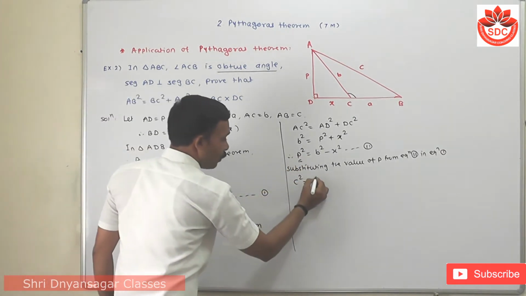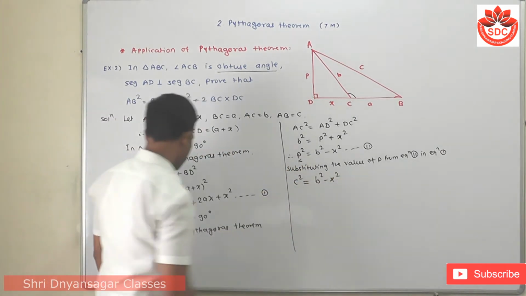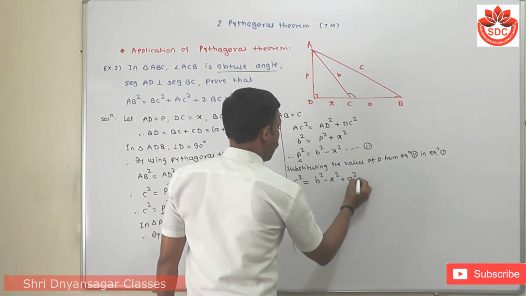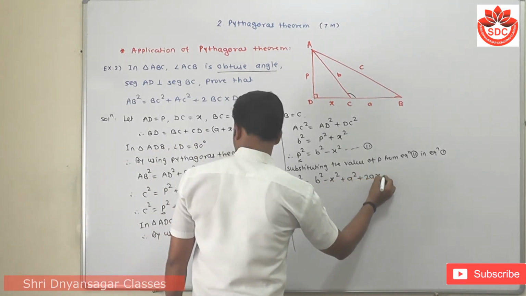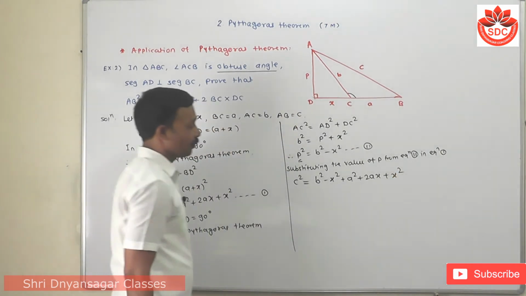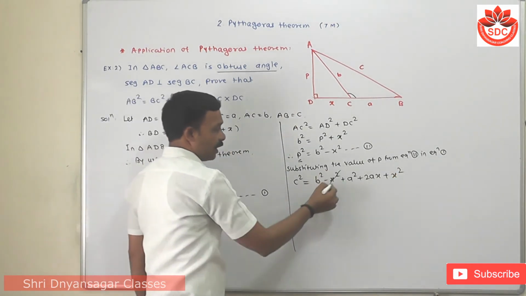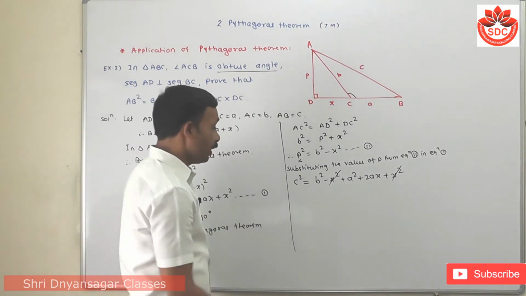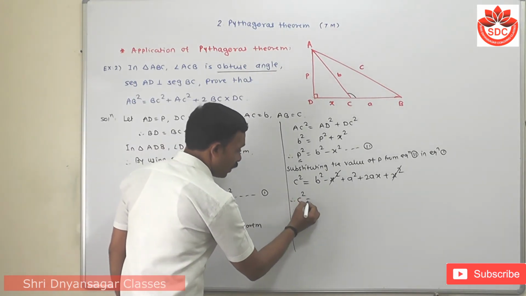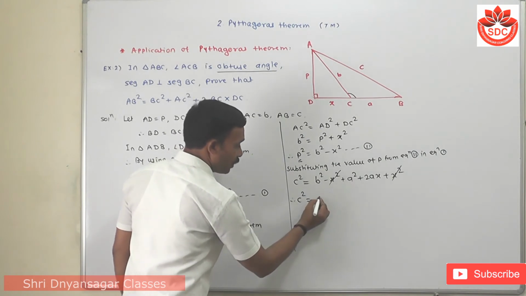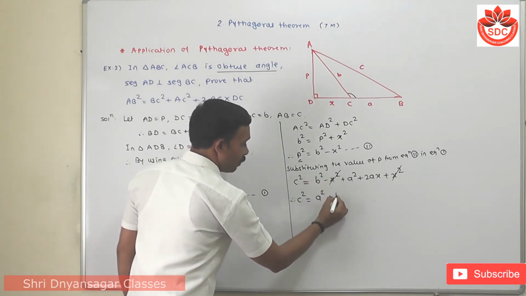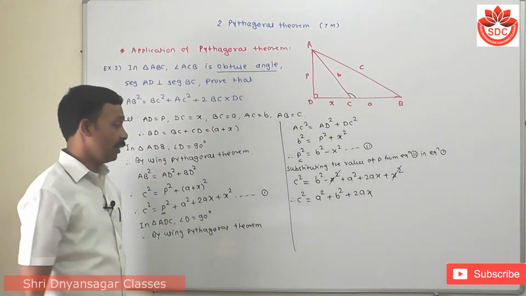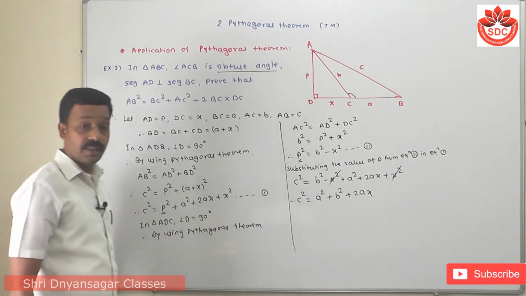I write C square is equal to, substituting B square minus X square for P square, then the remaining as it is, plus A square plus twice AX plus X square. Students, then this X square gets cancelled because this is minus and this is plus. Then the remaining is that C square is equal to A square plus B square plus twice AX.